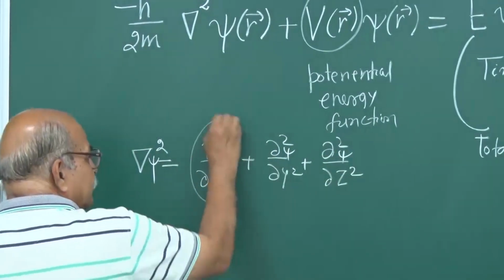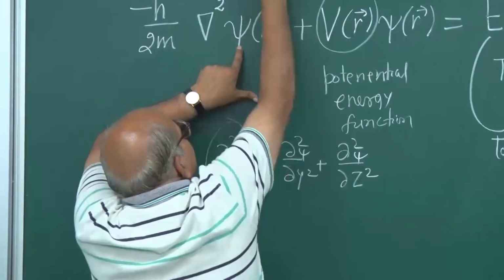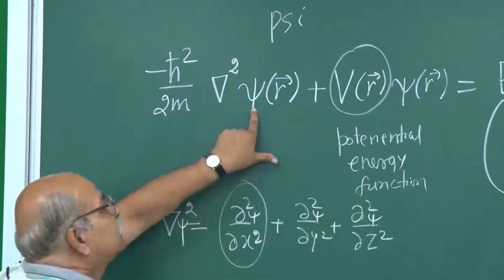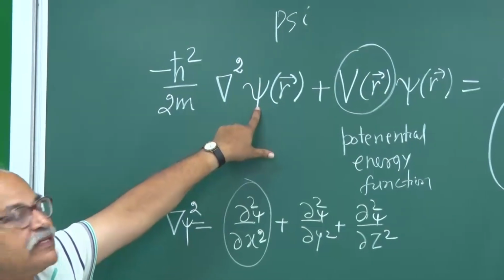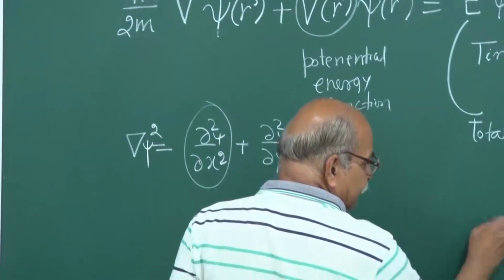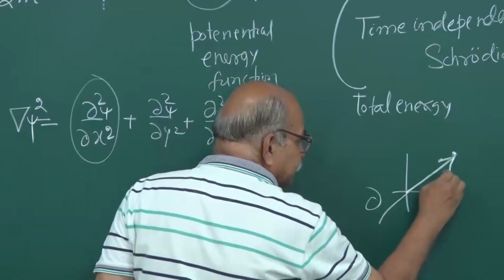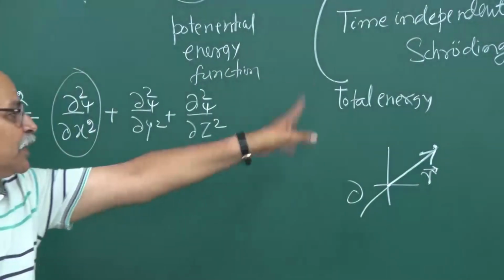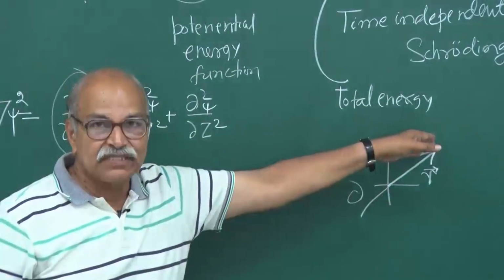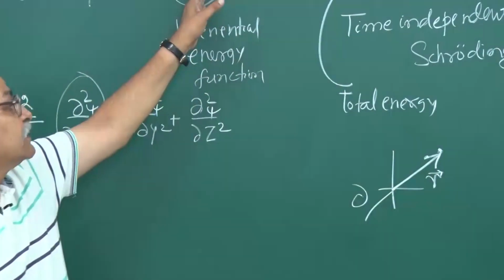And what does this mean? This psi, Greek letter, is a function of a space point. I have some origin somewhere, and this is the position r. Different points in space have different position vectors, and it is this position vector that I have written here.